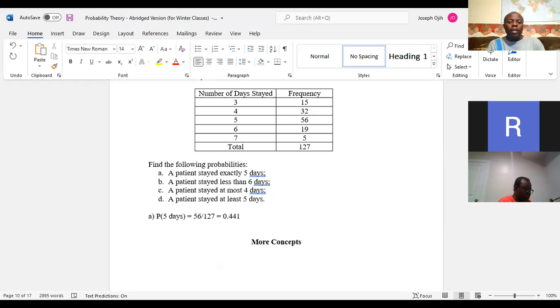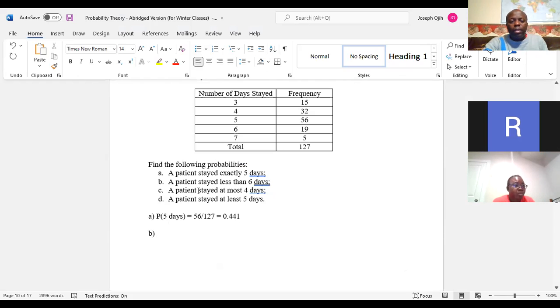So the probability that the patient stayed exactly 5 days is 0.441, or a 44.1% chance.